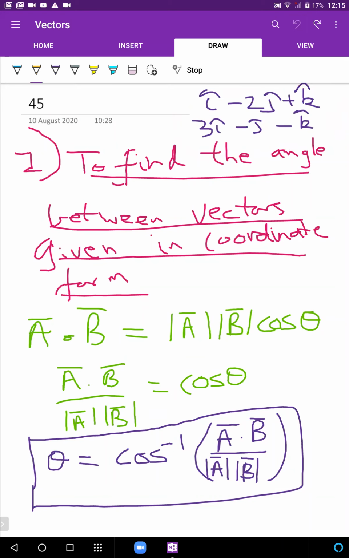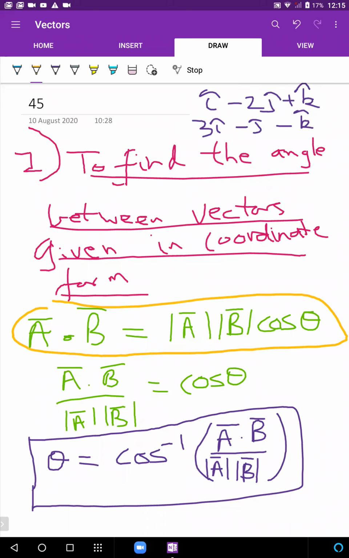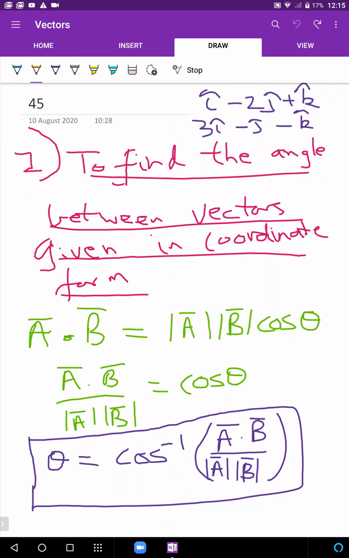Now dot product gives us a very beautiful technique. We know that the dot product is A into B cos theta. Now just think about this. If I have two vectors in coordinate form, look at the terms in this equation. Is it easy to find the dot product? I think it is very easy. Is it easy to find the magnitude of a vector?